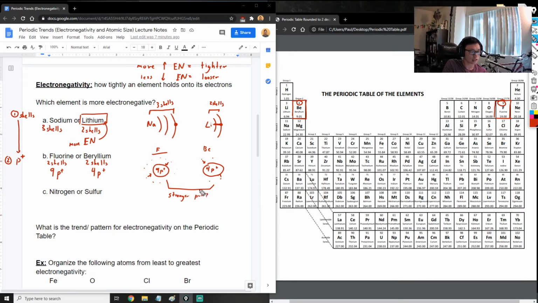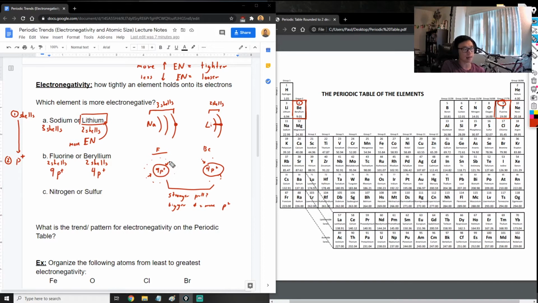Which one has a stronger positive charge? Obviously we would assume that 9 is stronger than 4, because the number is bigger. So the bigger number gives you more protons.